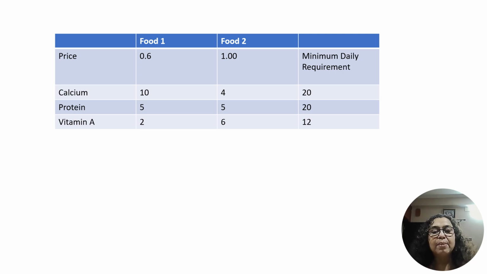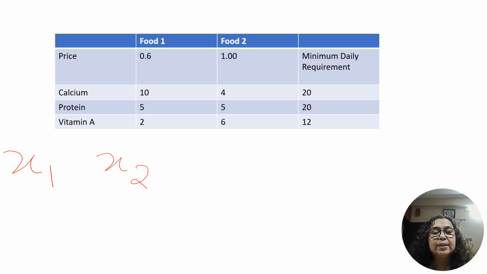So let X1 be the amount of food one purchased by Munal and X2 be the amount of food two purchased.